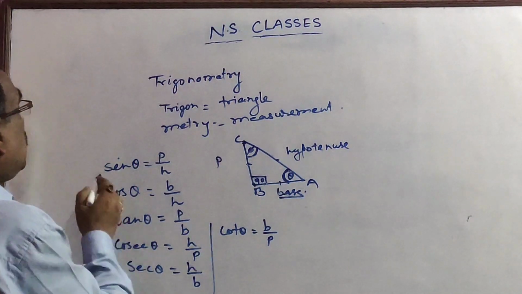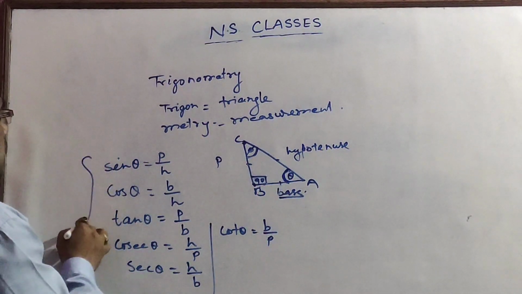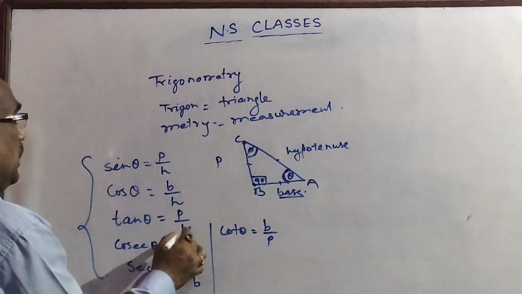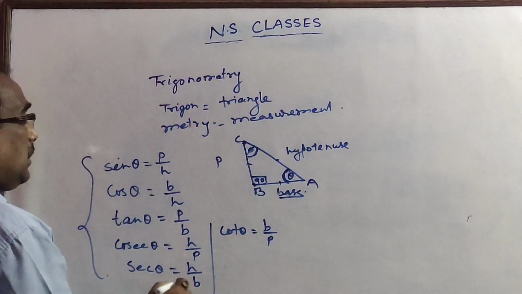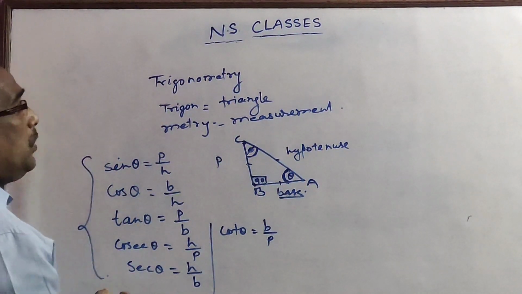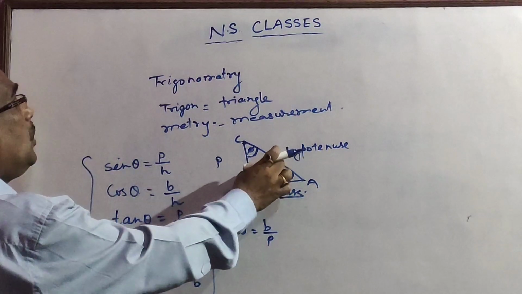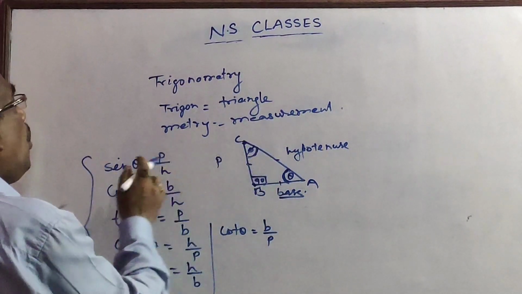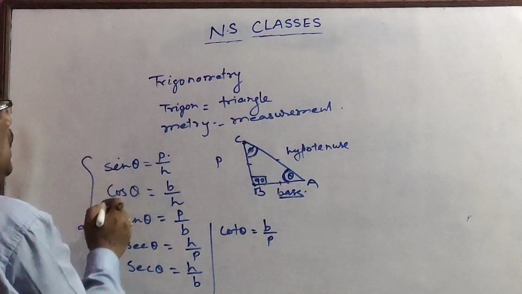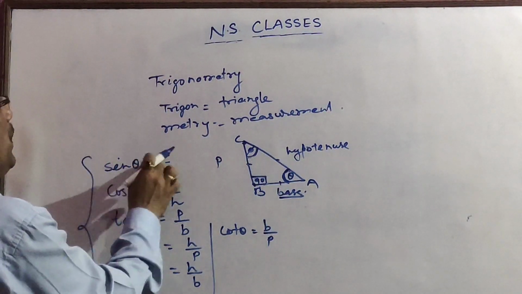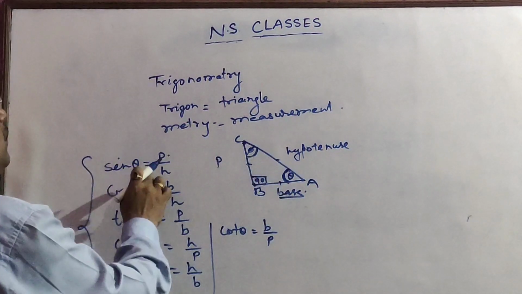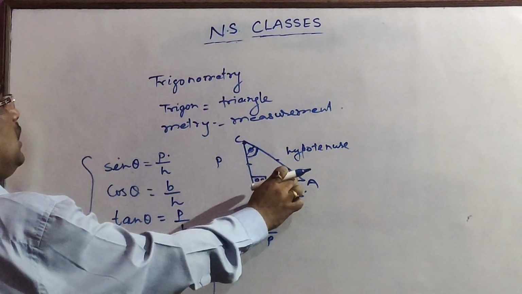The 6 trigonometric ratios are sin theta, cos theta, tan theta, cosec theta, sec theta and cot theta. Trigonometric ratios means the ratio of two sides. Perpendicular by hypotenuse is called sin theta, for the defined angle, which is theta.